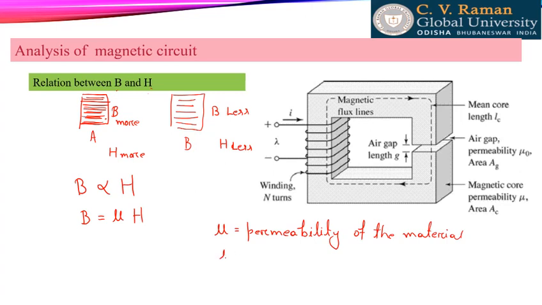And mu is equal to mu naught into mu r. What is mu naught? Mu naught is the absolute permeability.